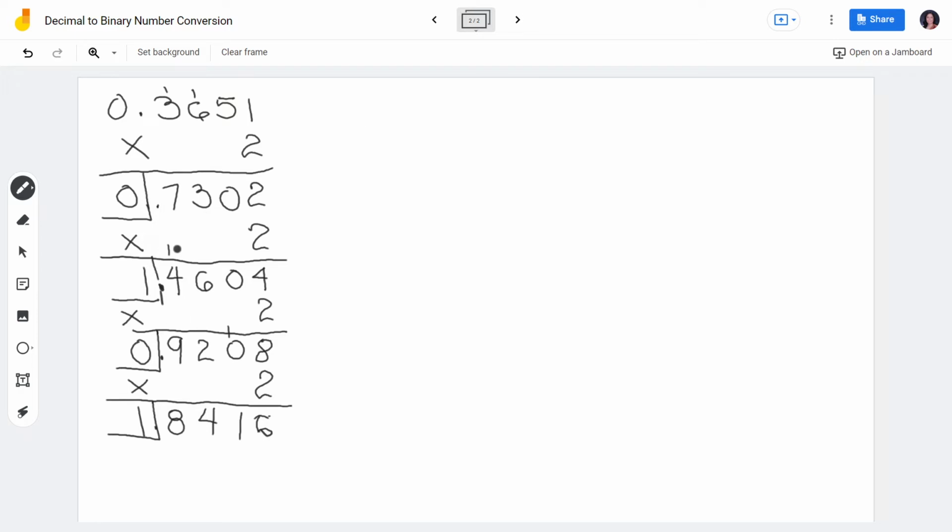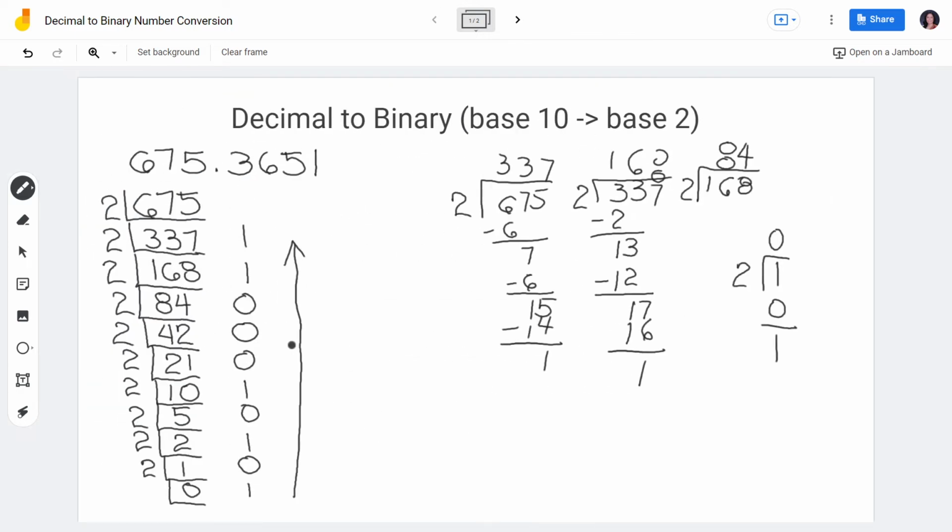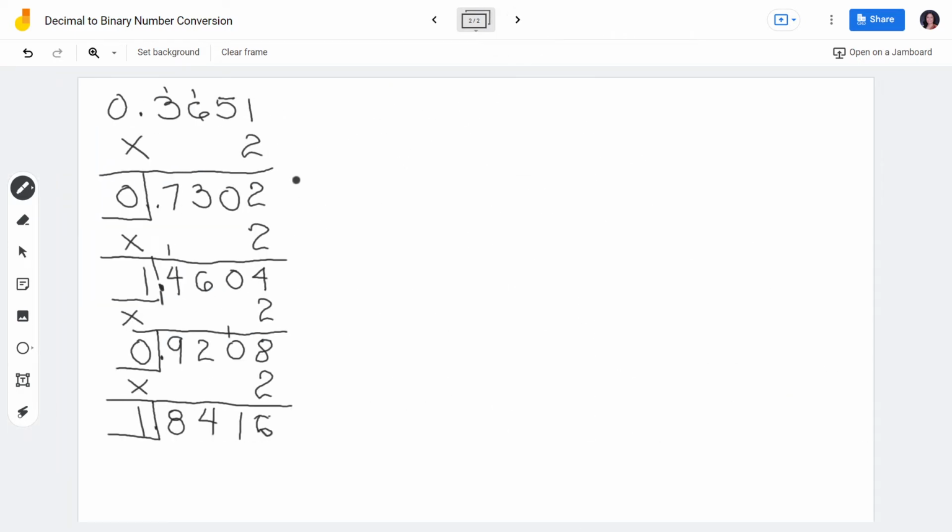As you can remember, for our integer part, we have to read it upwards, while the fraction part you have to read downwards. So what will be our final answer?